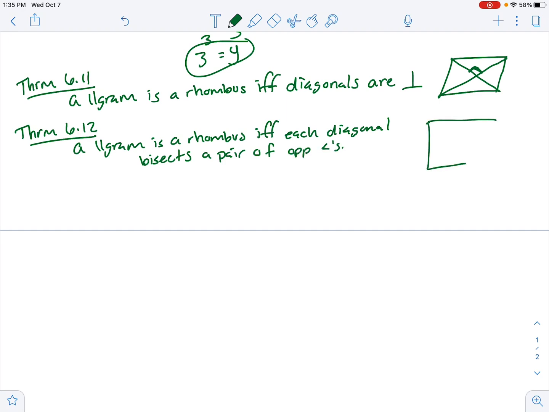What does that mean? If this is my figure and I draw in my diagonals, that means if this is going to be a rhombus, the diagonals have to bisect each of the angles they're going through, basically cutting the angles in half. So these would all be true.